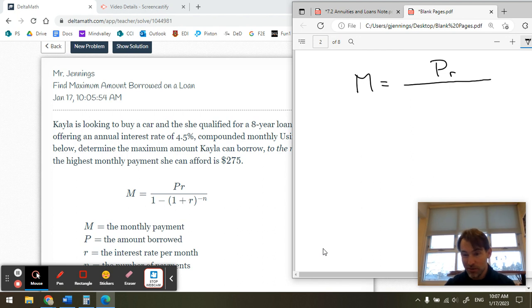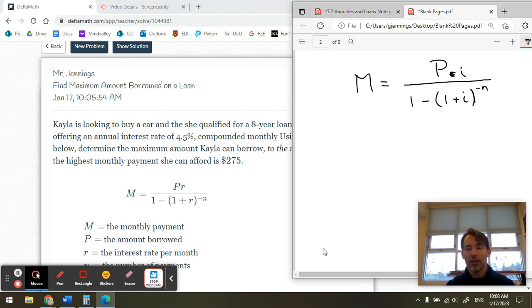They're using R, so I'm going to use R. No, I use I. I use little I when it's interest per compounding period. I'm not going to change my ways. Okay, and then this is 1 minus bracket 1 plus, they use R, I use I. I use R for annual interest rate. Okay, and then this is all raised to the minus n, the number of compounding periods as a negative exponent.